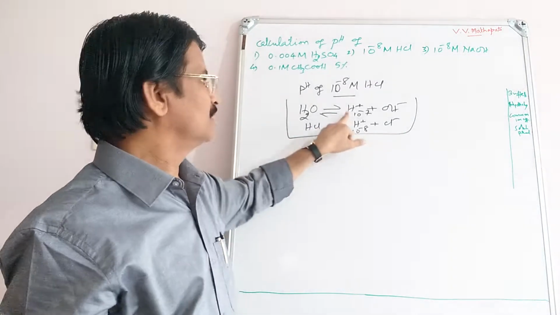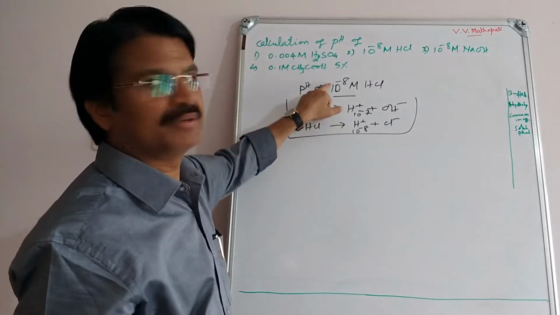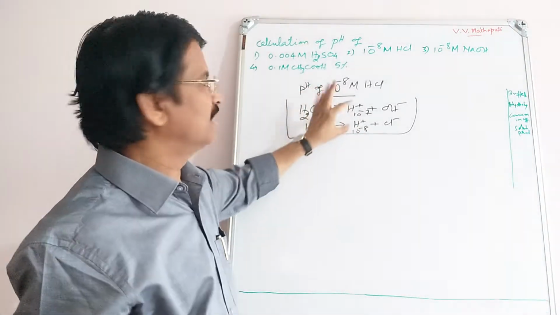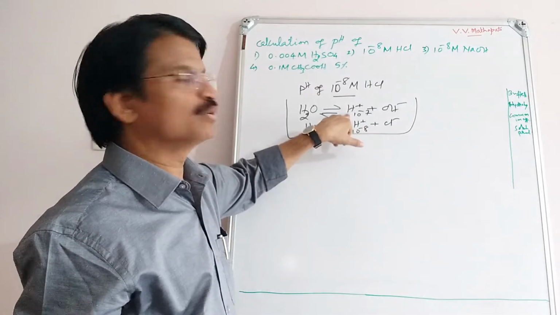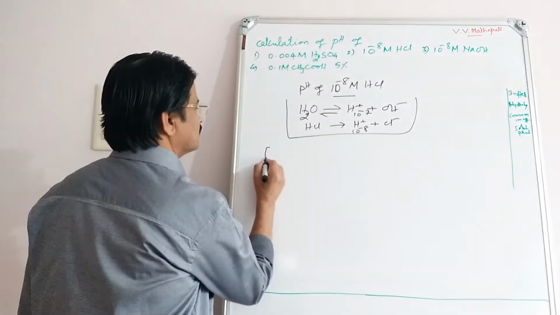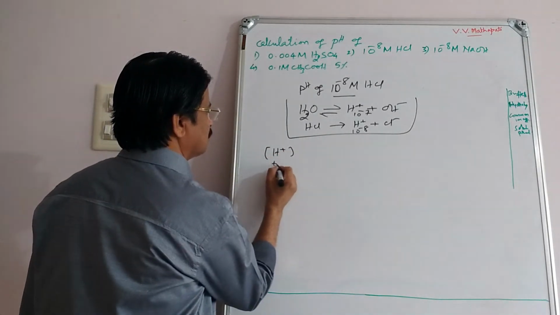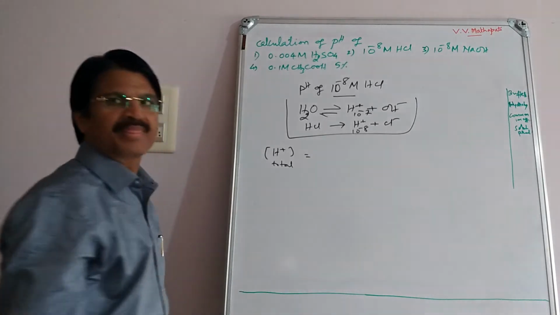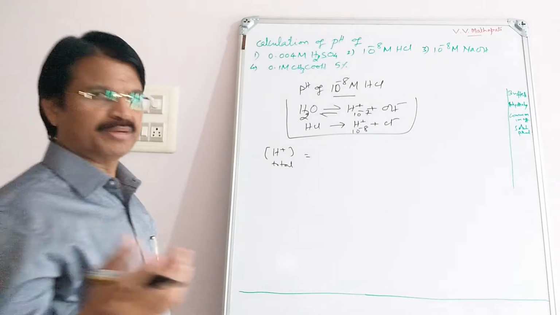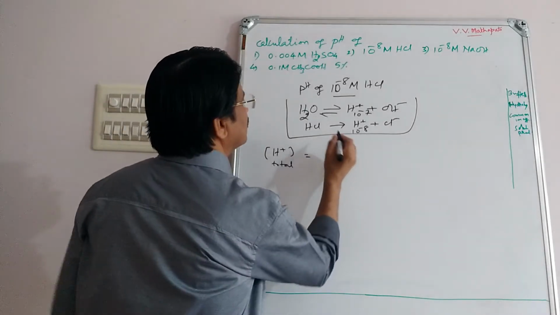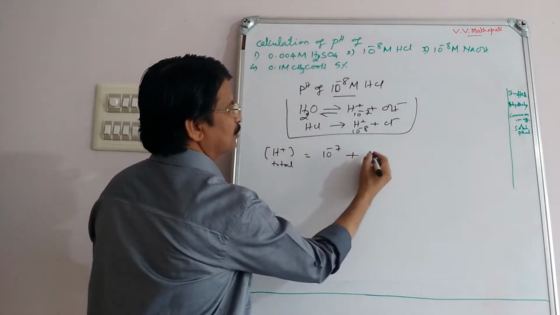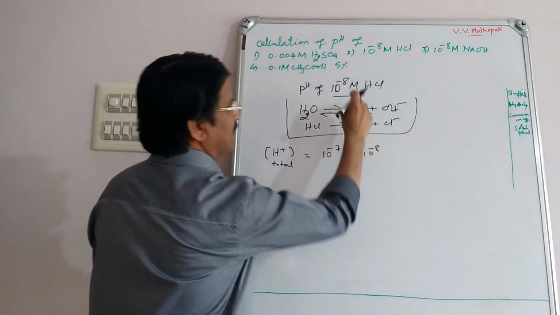The concentration of H plus due to water is 10 raised to minus 7 and the added H plus is 10 raised to minus 8. Now these are nearby values, so we cannot neglect the hydrogen concentration due to water. Hence the total concentration of H3O plus equals H plus due to water plus H plus due to the acid.